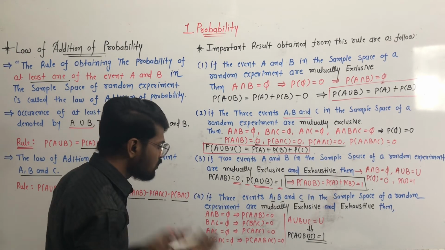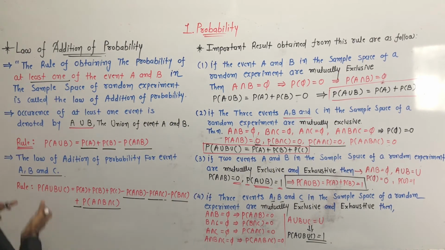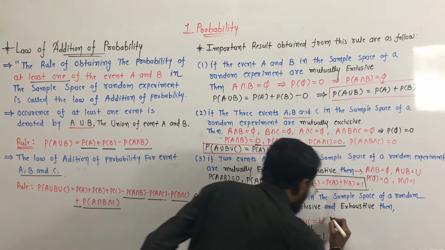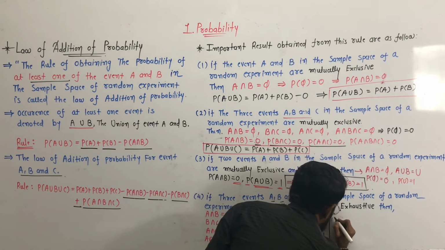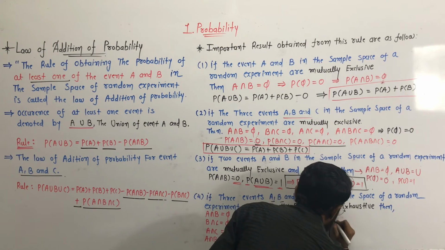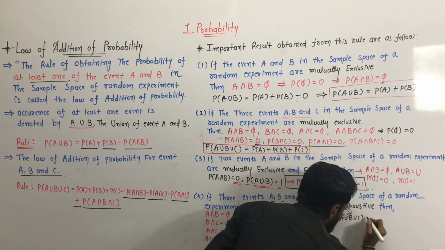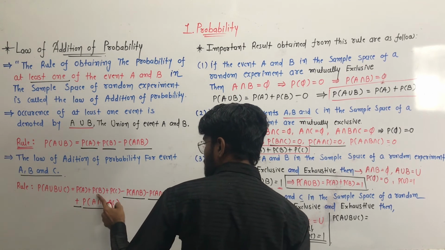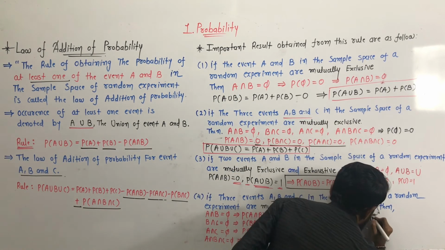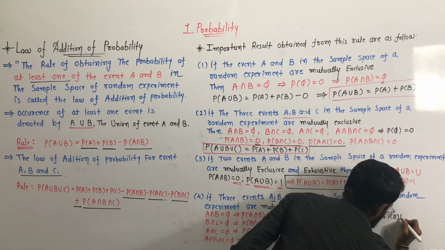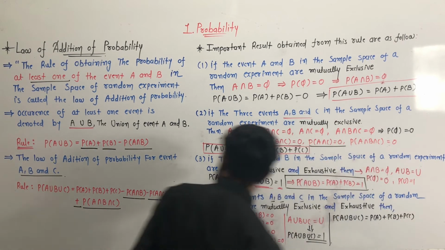Now we put this value in the second rule, which is the addition rule of probability for events A, B and C. The probability of the union of A, B and C is equal to P of A plus P of B plus P of C. Clear?